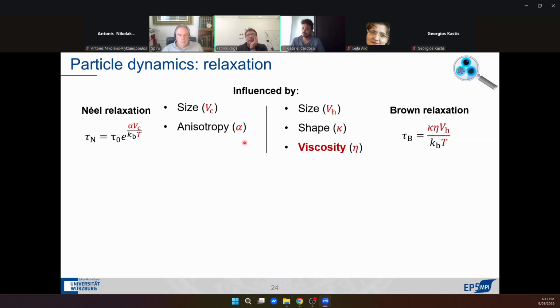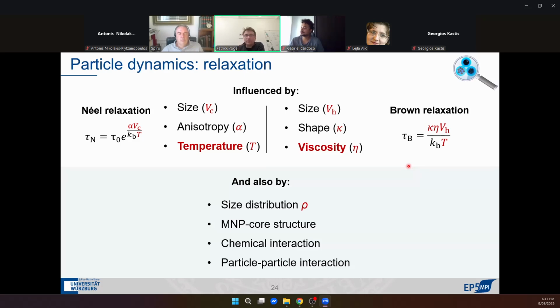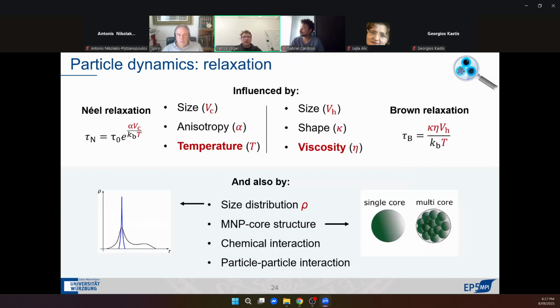Of course, when the Brownian relaxation effect is dominating, then also the viscosity of the environmental medium will influence the signal generation, which can be quite annoying, but I can show you some application where you can use this as well. But also the temperature will affect your particle signal. And there are so many more: size distribution, core structure, chemical interaction, and also the particle-particle interaction.